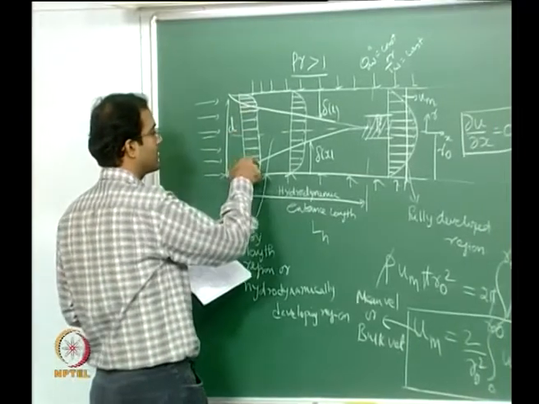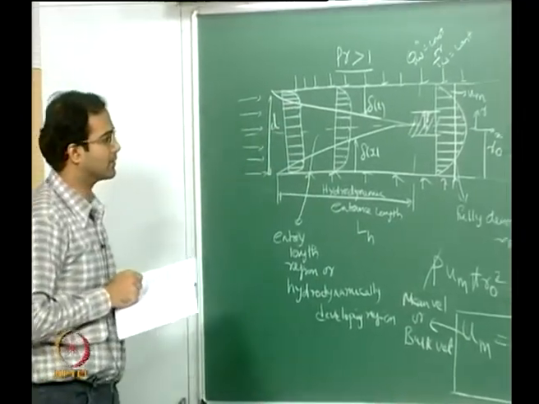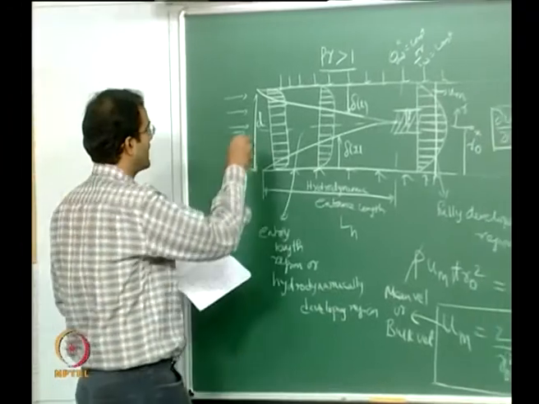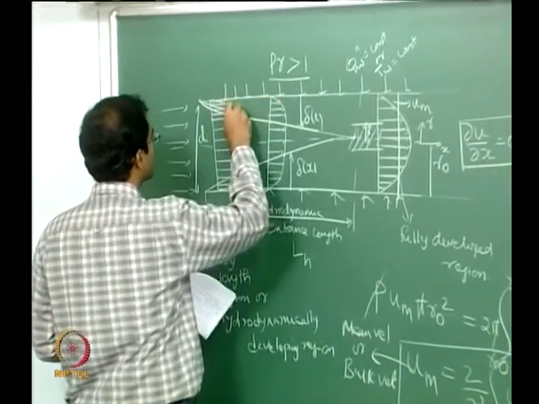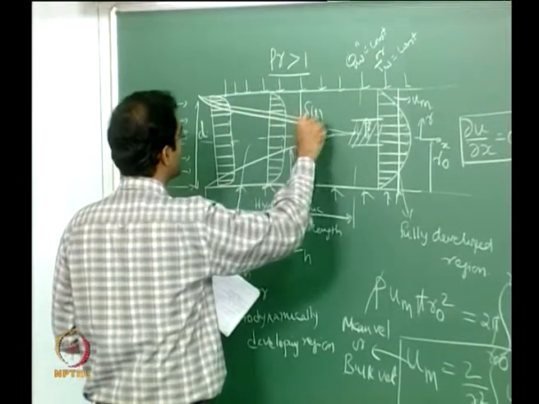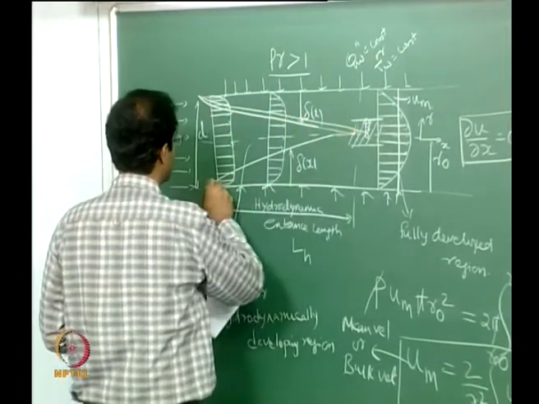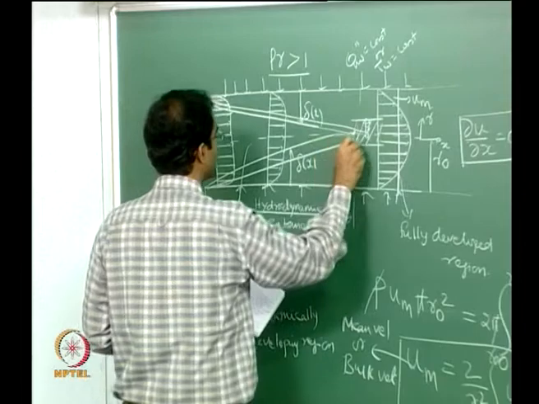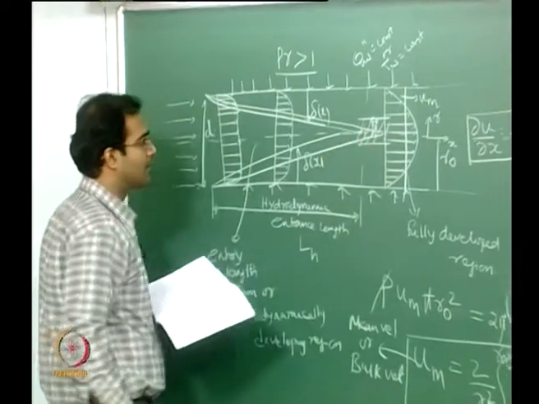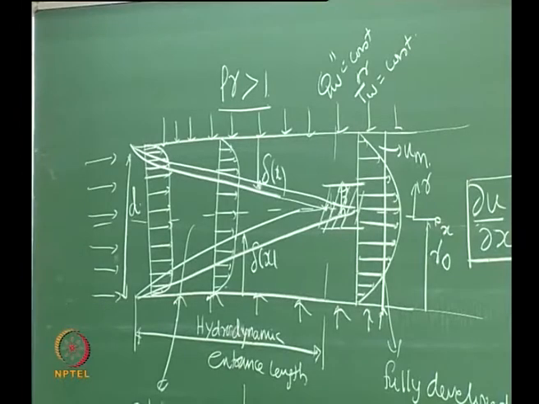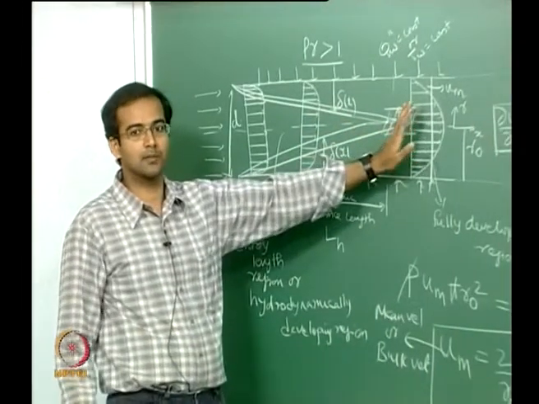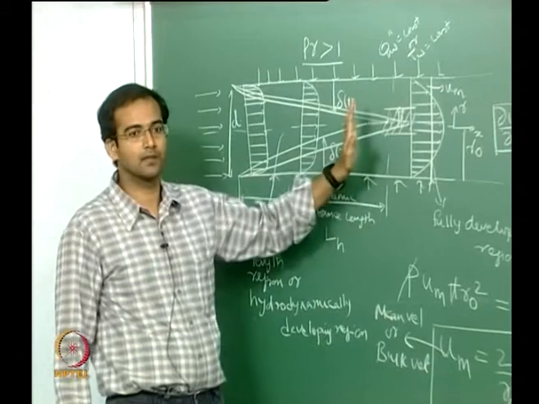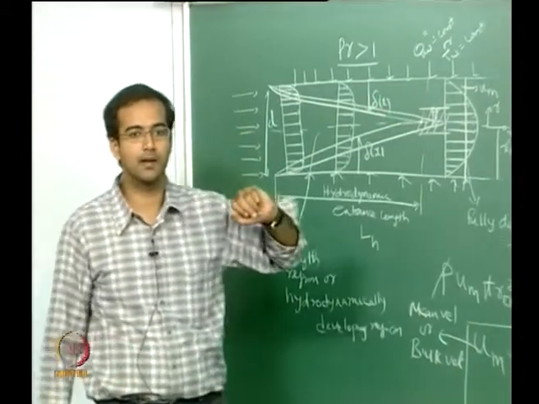Now, associated with the boundary layer growth of the velocity profile, you can also have a thermal boundary layer growth. If my Prandtl number is greater than 1, my delta T will be less than delta. Therefore the growth of the thermal boundary layer will be smaller than the velocity boundary layer growth, and the point where they merge will be slightly downstream of the hydrodynamic entry length.